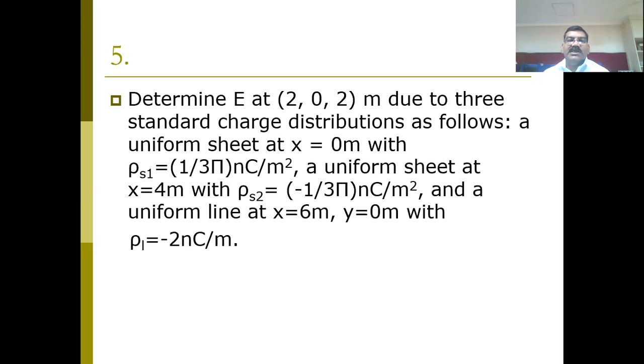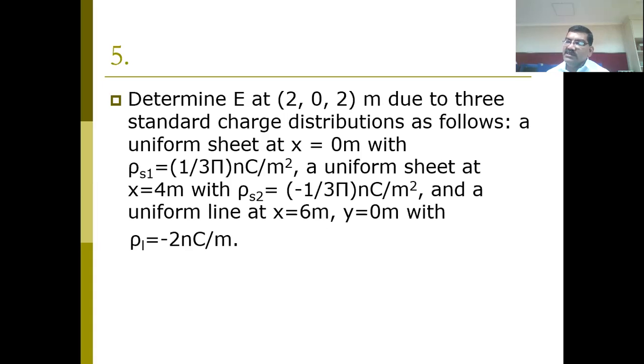A uniform sheet at x equals 4 meter with rho s2 equals minus 1 by 3 pi nanocoulomb per meter square, and a uniform line charge at x equals 6 and y equals 0 meter with rho l equals -2 nanocoulomb per meter.